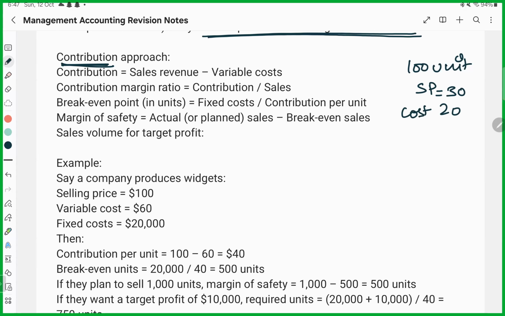If I decide to manufacture 105 units, the company has to take this decision. So let's take a proper example in this case.